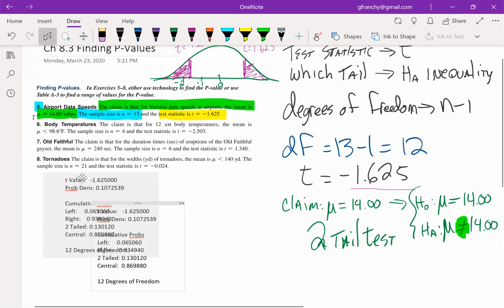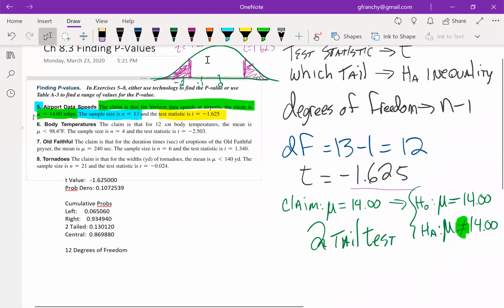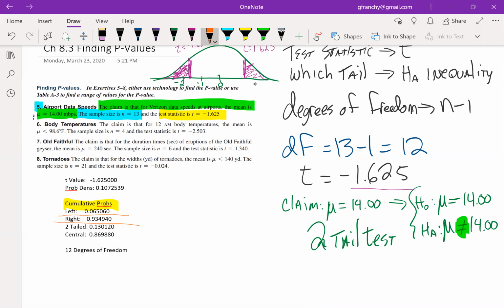And here's the window that we got in StatDisk. And what we see under our cumulative probabilities here is that we get several different cases. We get left, we get right, we get two-tailed. And this is why we need to know which one that we want.